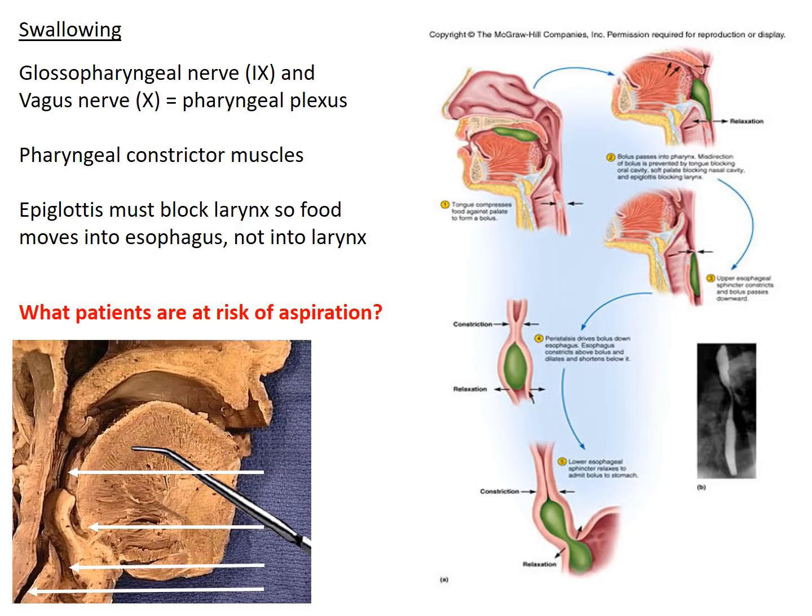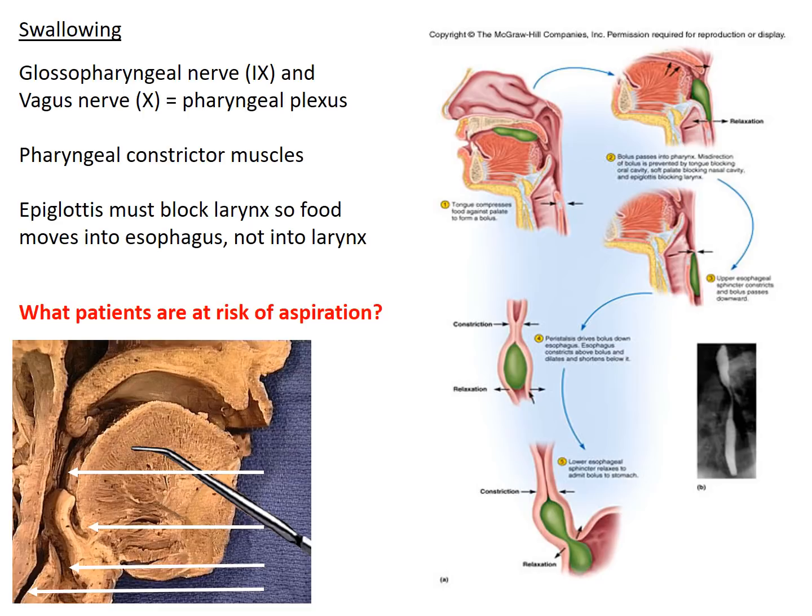Because they're in the head and neck, they're innervated by cranial nerves. So cranial nerve 9 and cranial nerve 10 play a huge role in the innervation of those muscles which are part of the pharyngeal plexus or the pharyngeal constrictors.